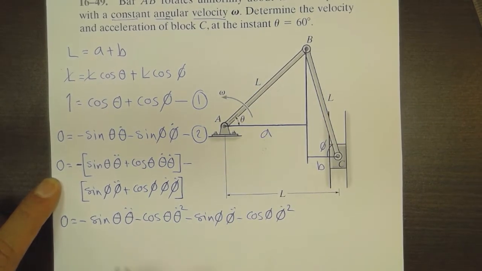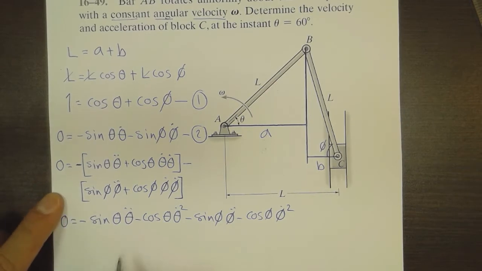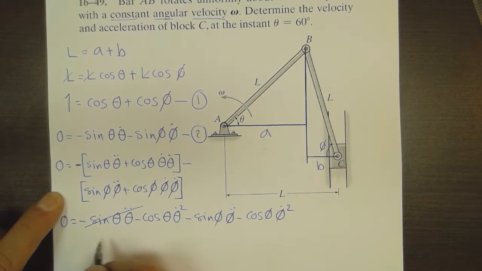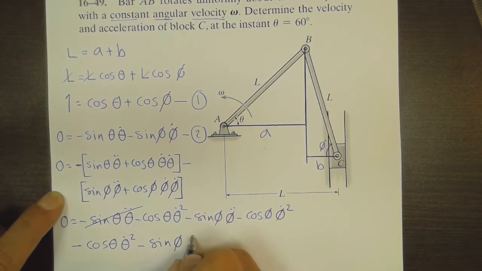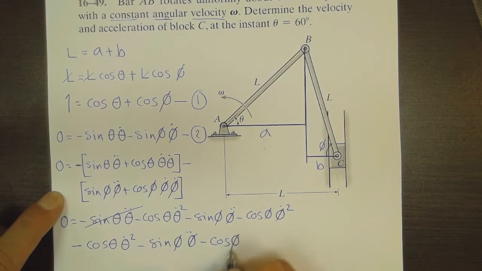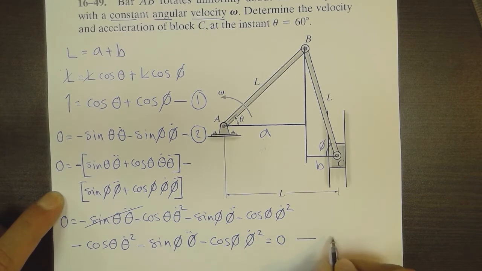So we can get rid of this term and refine the equation to come up with this relationship: minus cosine theta times theta dot squared minus sine phi phi double dot minus cosine phi phi dot squared equal to 0. And this is relation number 3.